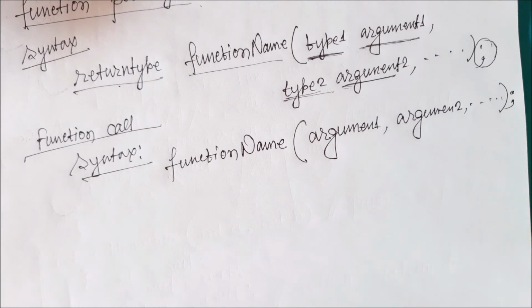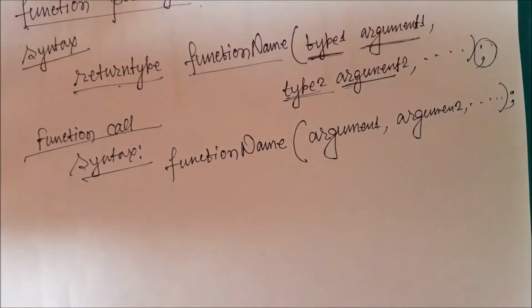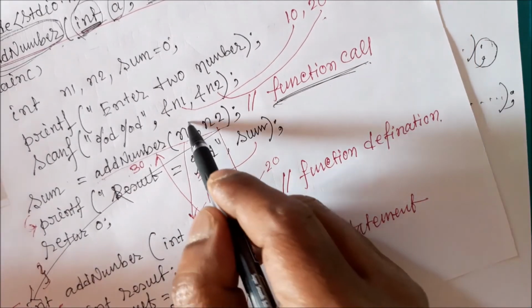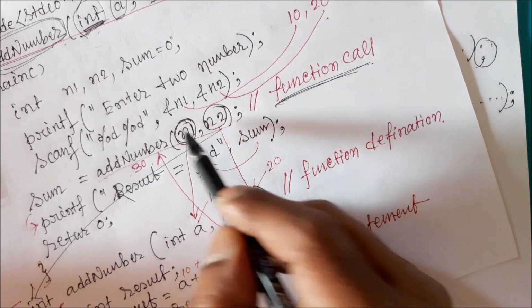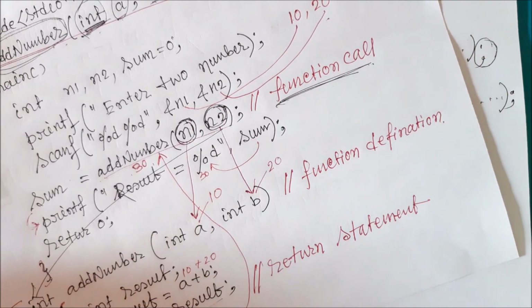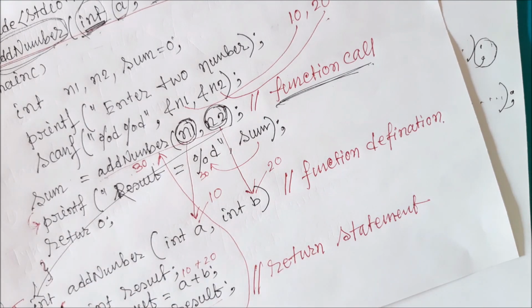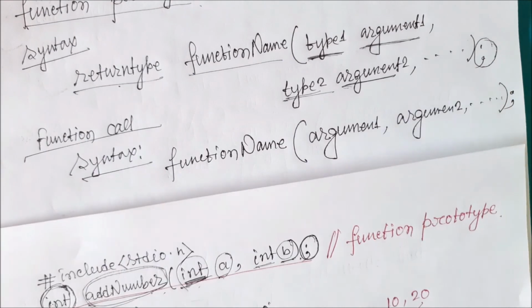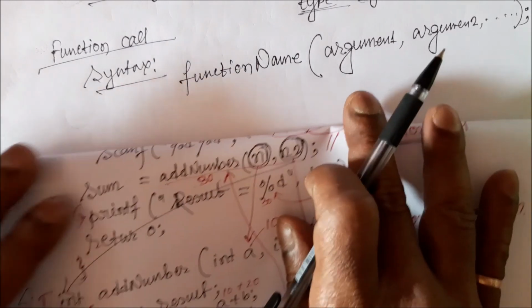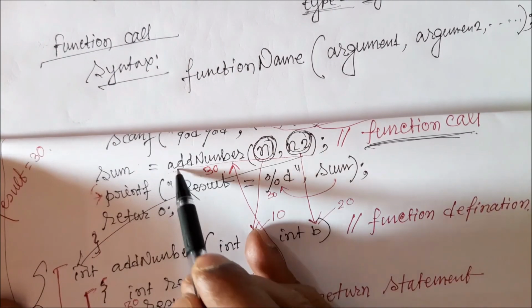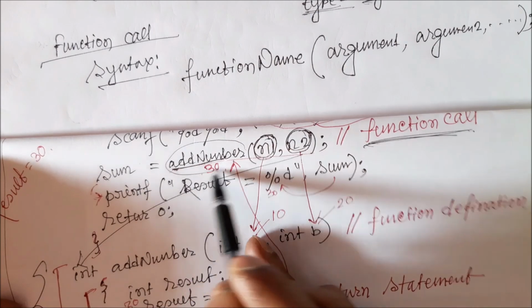So in the above example, the function call is made by using add number n1 and n2, a statement inside the main function. Compare with this one. This is my function name, add number.